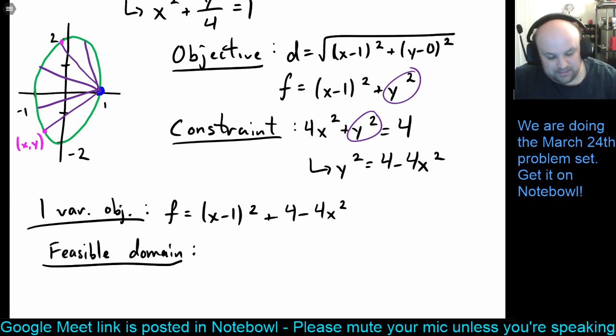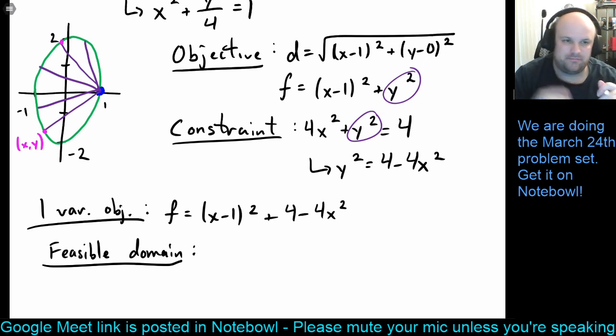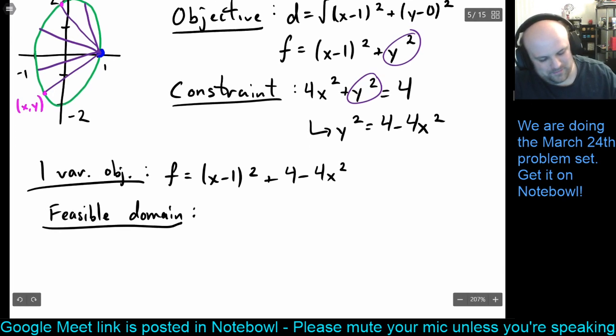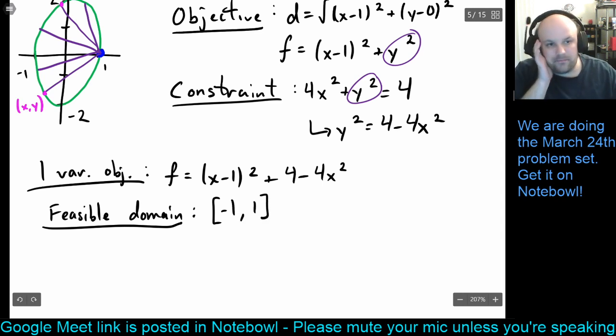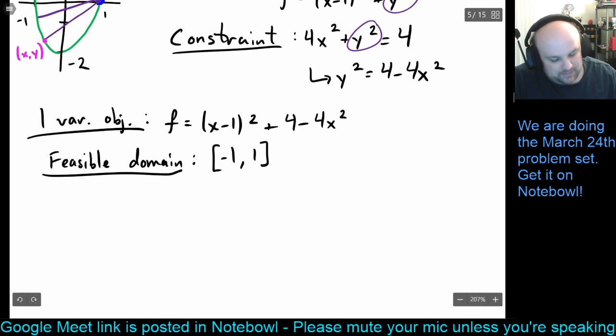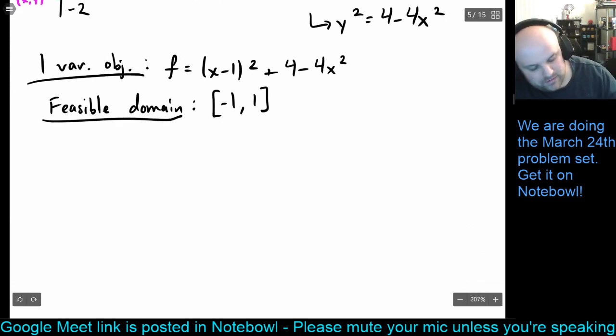Well, if we look at the ellipse here, the x values on the ellipse range from -1 all the way to 1. So that's a pretty good feasible domain then. -1 to 1. Or my camera's flipped, so -1 to 1. All right. So that's our feasible domain. In other words, x is stuck between these two.